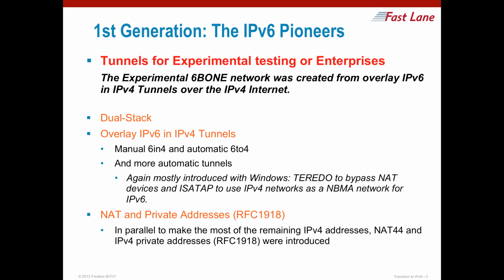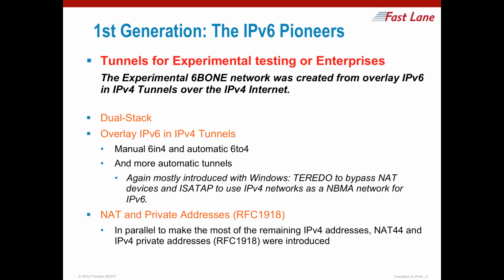So I would like to first introduce the generations of tools that we have seen for transitioning to IPv6. So the first generation was when IPv6 was introduced in '96. So the dual stack and the static tunnels were the first tools which were introduced to permit an experimental backbone, the 6-bone, to be created.